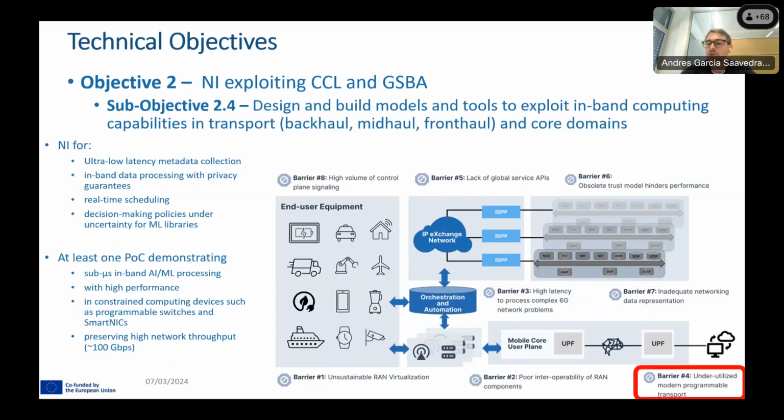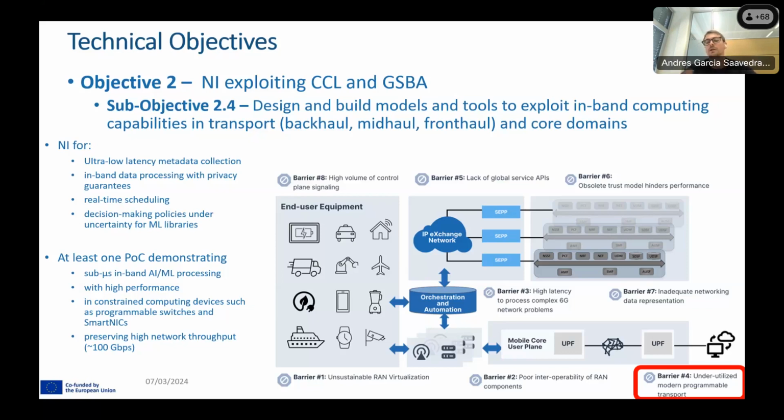The next one, barrier 4, is basically on underutilized modern programmable transport systems. We believe that the transport networks today, backhaul, fronthaul, midhaul, and so on, are underutilized, and all these devices could actually be used for more tasks than just transporting data from one place to the other. Today smart switches have computational power that could run some operations to alleviate the latency of things like face recognition or the execution of LLMs, right?